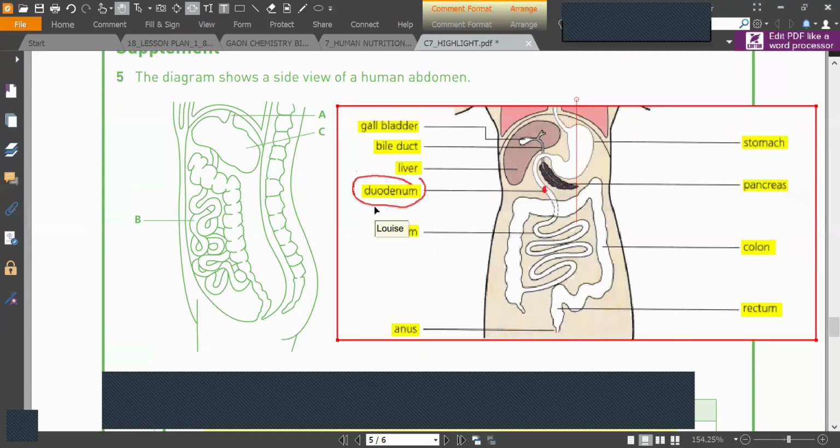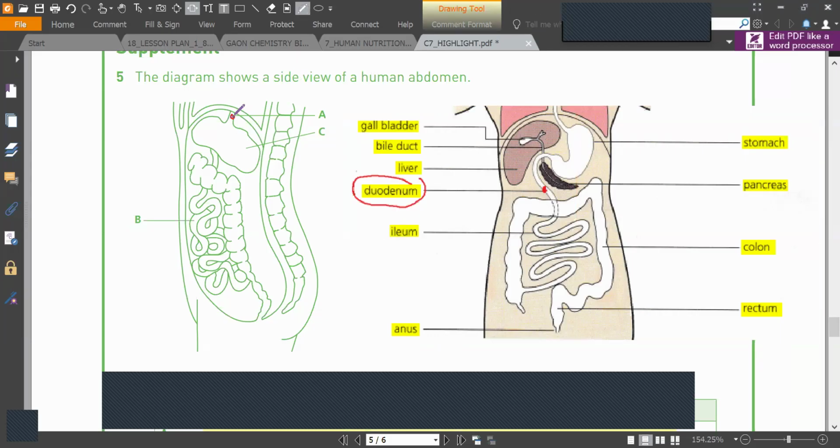So what will be A? If we see carefully, this part here is the esophagus. So B corresponds to here, which means it's the ileum or small intestine.